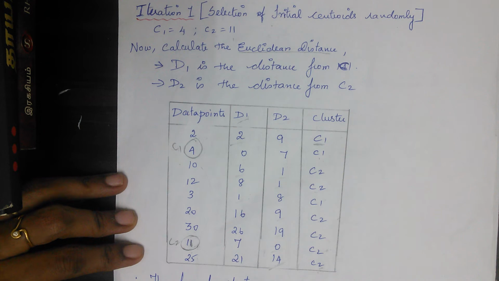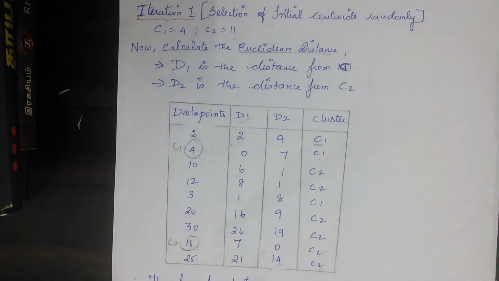The main thing is that we don't know which data points need to be chosen randomly. We choose random centroids, but sometimes by choosing wrong random centroids, the cluster quality may become poor. So this might be one of the main disadvantages in k-means. So you have to carefully select the initial random centroids.